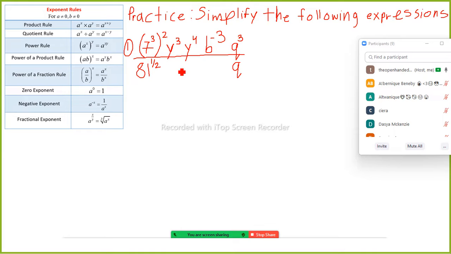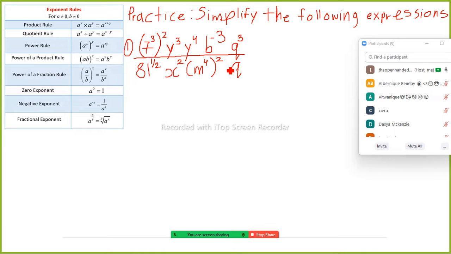Let's say, for example, we have x squared, and m to the power of 4 times, to the power of 2.